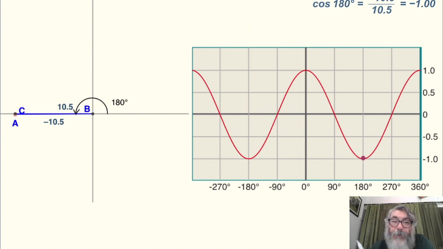Then the base has become minus, and base and hypotenuse are the same. They have covered each other. Base upon hypotenuse will become minus 1, because cos 0 was 1 on the right hand side, and it is negative on the left hand side.